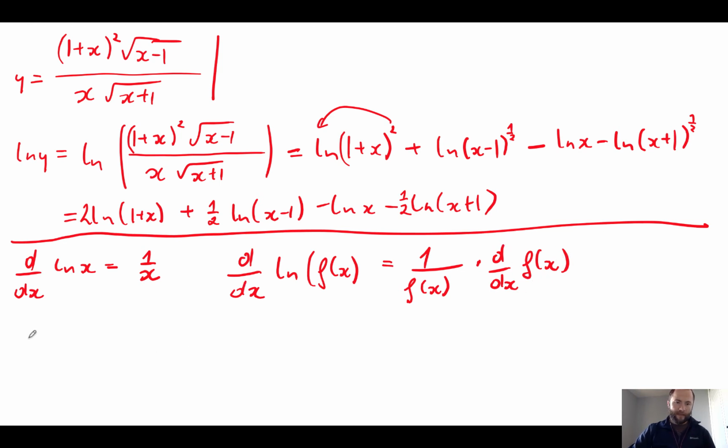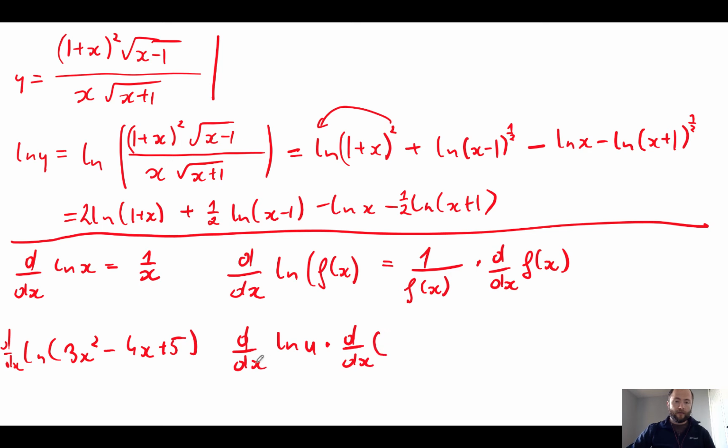So, for example, d/dx of ln of 3x squared minus 4x plus 5, by the chain rule, I'm going to turn this into d/du of ln u, and I'm going to multiply that by du/dx of 3x squared minus 4x plus 5.